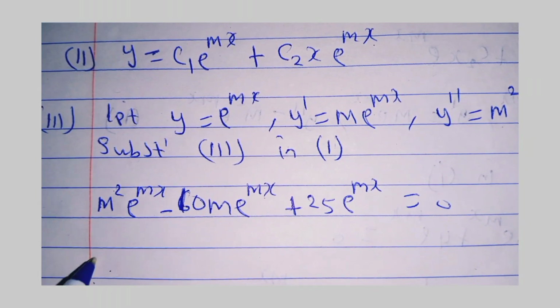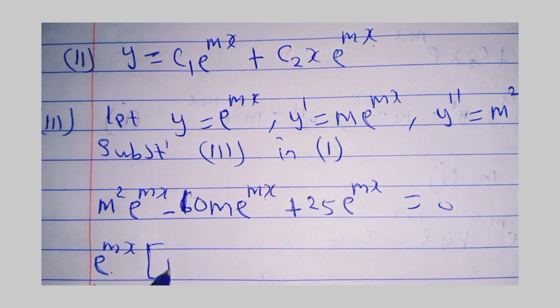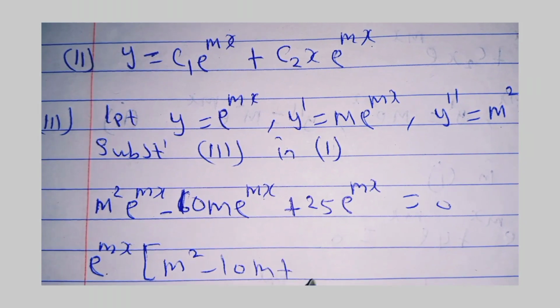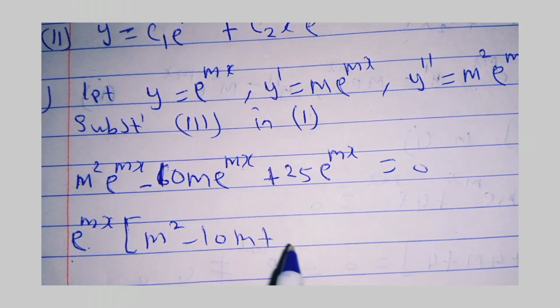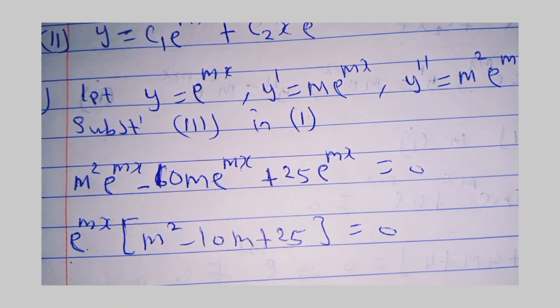We factor exponential mx, which is common, to be left with m squared minus 10m plus 25, which is equal to 0.